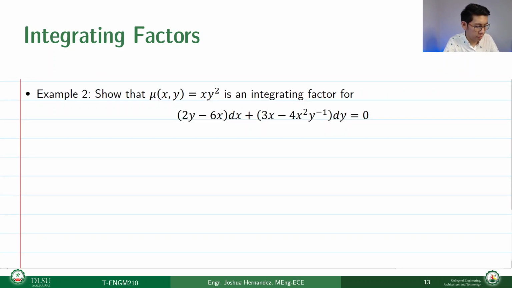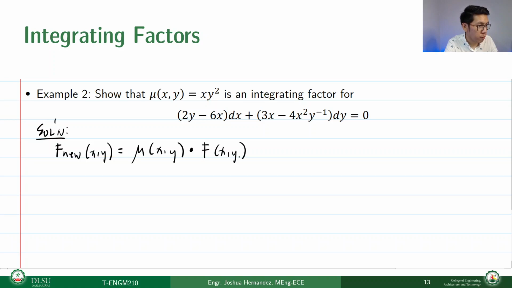So let's multiply. Let's call our new function F new(x,y), and that is the one multiplied by our integrating factor mu(x,y) by our original function F(x,y).